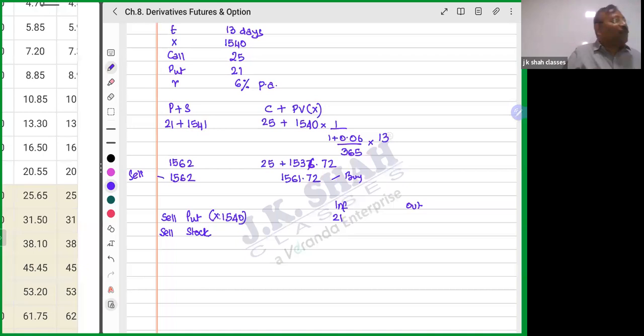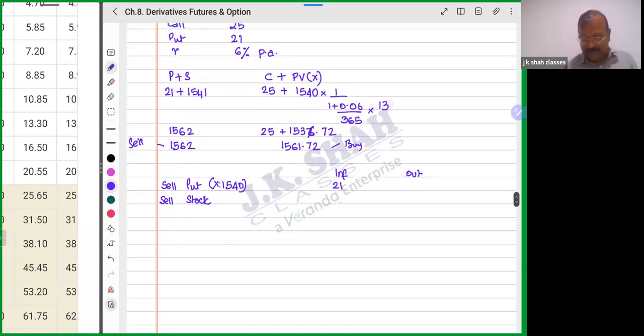Selling stock, what if you don't have the stock? Then you have to go into that SLB module, there will be a charge there for borrowing the stock. But that is only applicable if you don't have the stock. If you have it, then no need. That is why I said brokerage and all you will have to incur, but this may or may not arise.